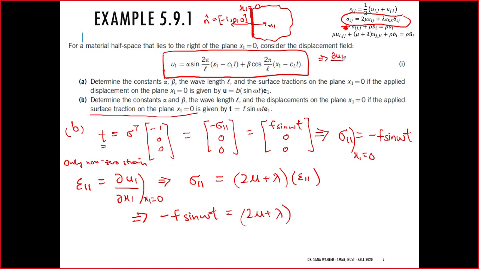So epsilon 1, 1 evaluated at x1 is equals to 0 is going to be, let's see, del u1 by del x1 तो पहले निकाले ना, ताकि epsilon 1, 1 आ जाए. This is going to be a bit complicated. ये 2 pi by L है.